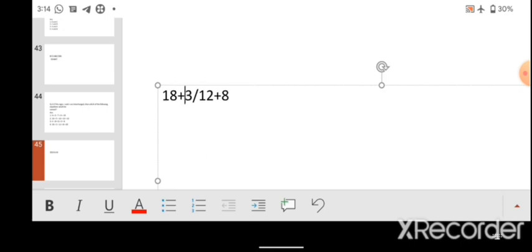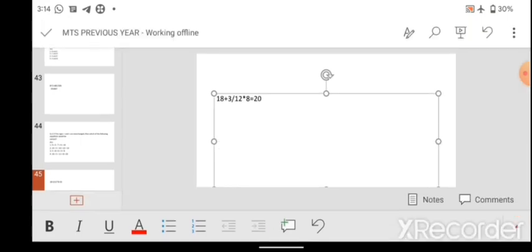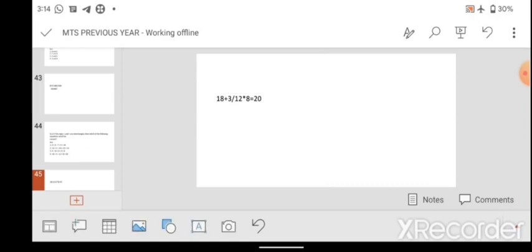So 18 plus 3 divided by 12 into 8. So 3 by 12 is 1 by 4. 1 by 4 times 8 is 2. So 18 plus 2 is equal to 20. So option D is the correct answer. There is no rocket science about this question. Simple question. You have to see which option is correct. There is nothing else.